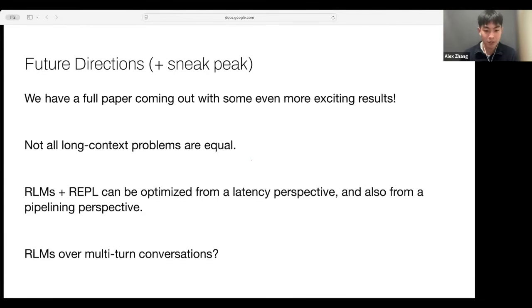The most interesting task in my head is these Cursor, Codex, huge multi-turn conversation things. I'm sure most of you have noticed that when you use Cursor for a long time, it starts to produce gibberish. I think this is easily solvable with RLMs, and there are many other settings, both in academia and in production, where this idea is very useful.